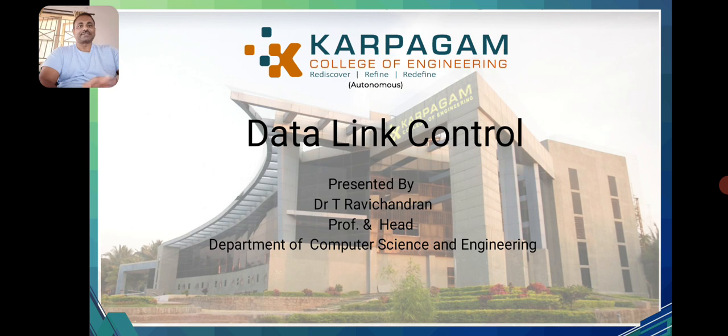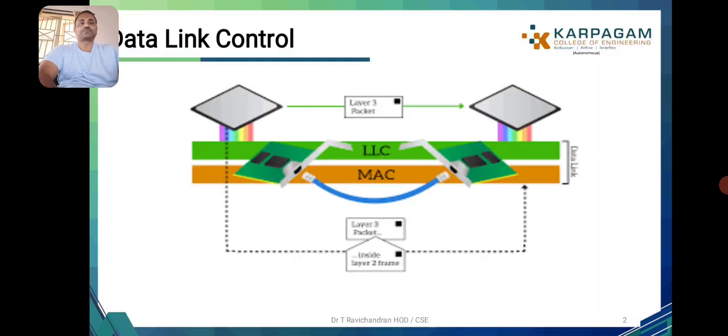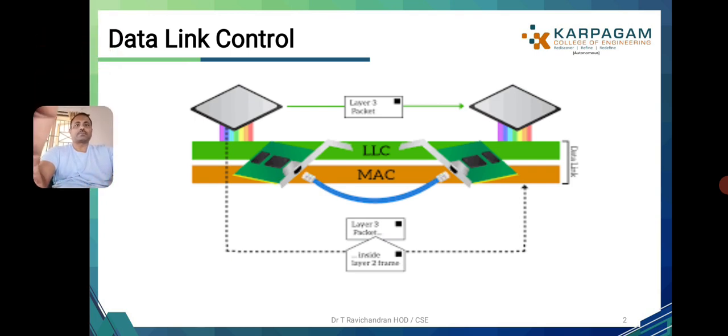Today we will discuss data link control, the protocols for the data link layer. The data link layer is divided into two parts: one is the logical link control, and the other is the medium access control.